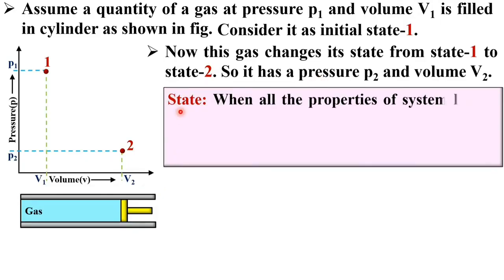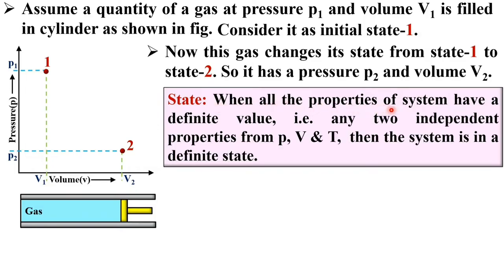Now you can define the state when all the properties of a system have a definite value. That means any two independent properties from pressure, volume, and temperature, then the system is in a definite state. So let's take the example of state 1.